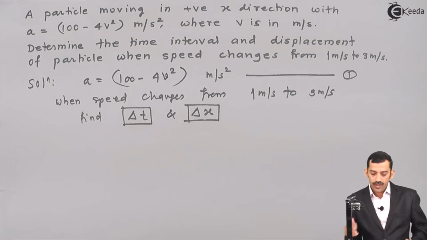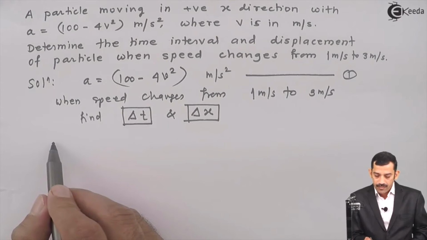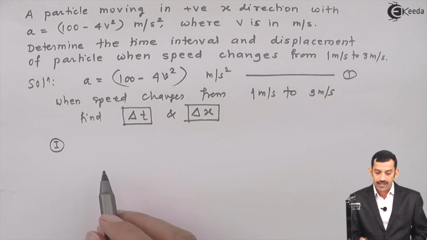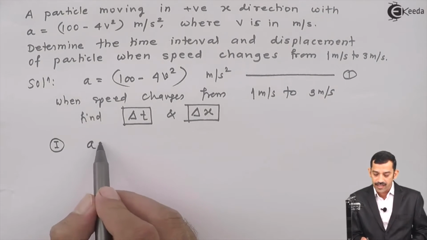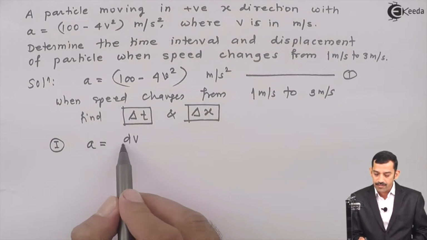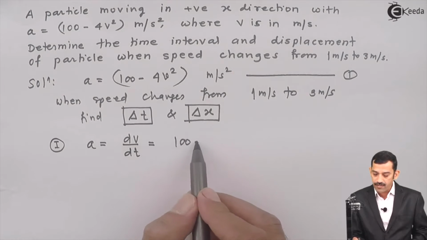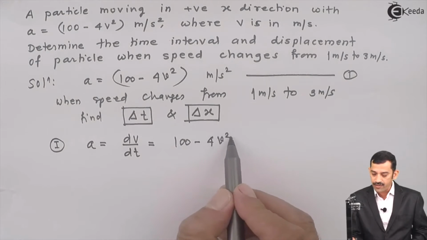Therefore, for the first part, to find delta t, I will write a in terms of dt. A in terms of dt is written as dv by dt, equal to 100 minus 4v square.